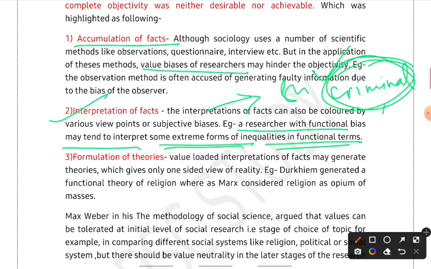Society, to an extent, is also necessary, because if society is there, population will be controlled, and people can understand the society also. So the abnormal or extreme forms, he was trying to make them also functional.